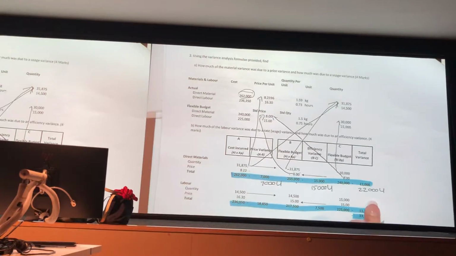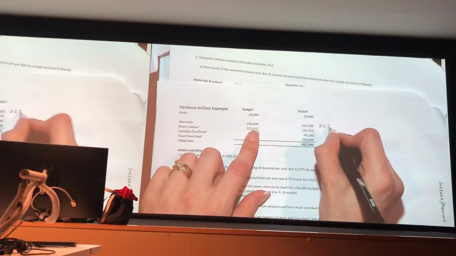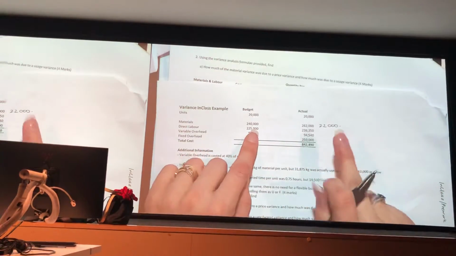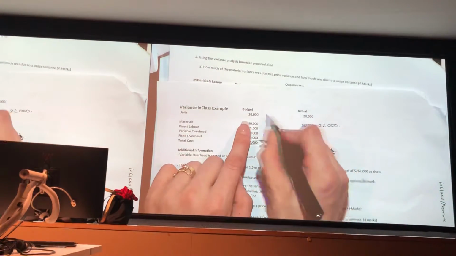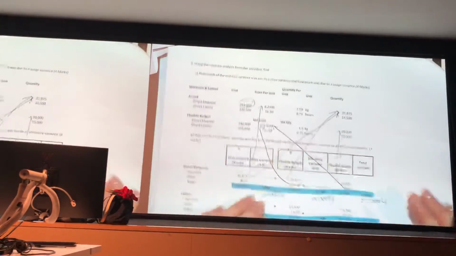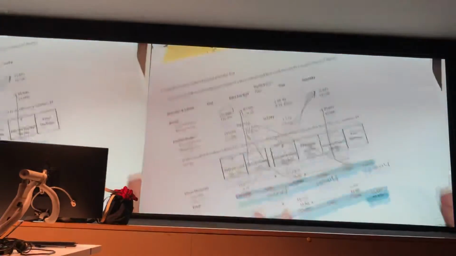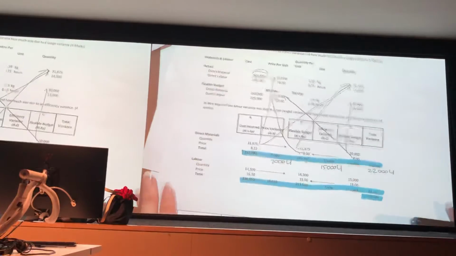Notice how this 22,000 unfavorable ties back to what you had spotted here. Luckily, you could spot it here because these were the same. So all of these numbers cross-match with each other on a constant basis, including to this calculation. So all of them do line up with each other.